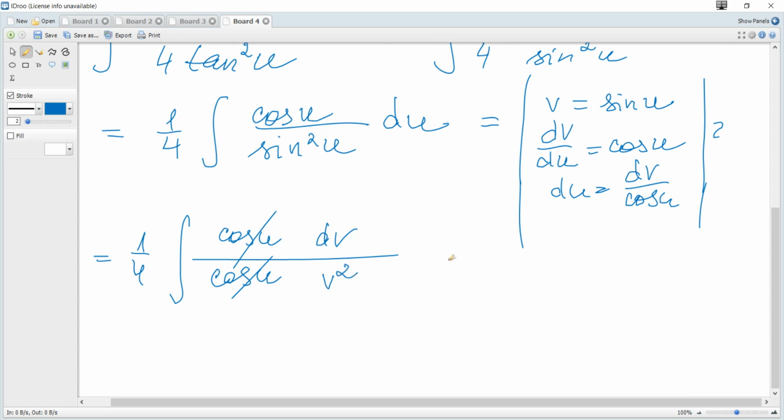So it's v to negative 2, and the integral is v to negative 1 divided by negative 1, so just minus 1 over v, and v is sine of u, plus some constant.